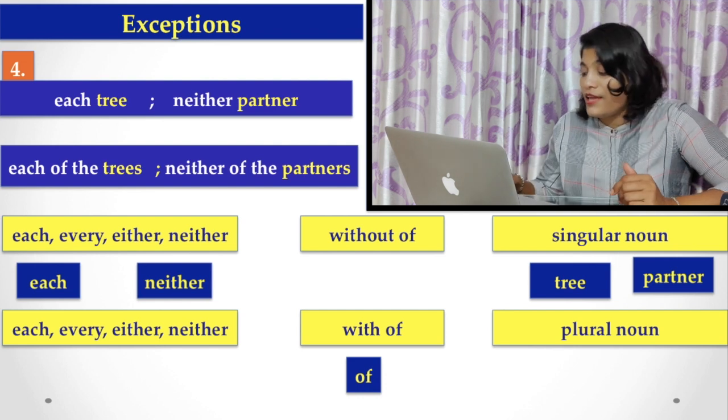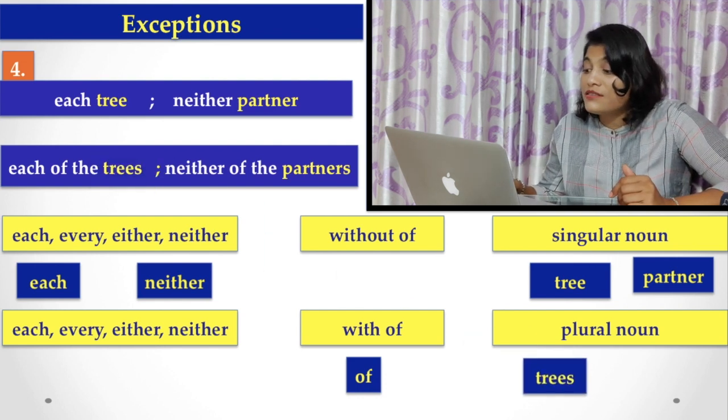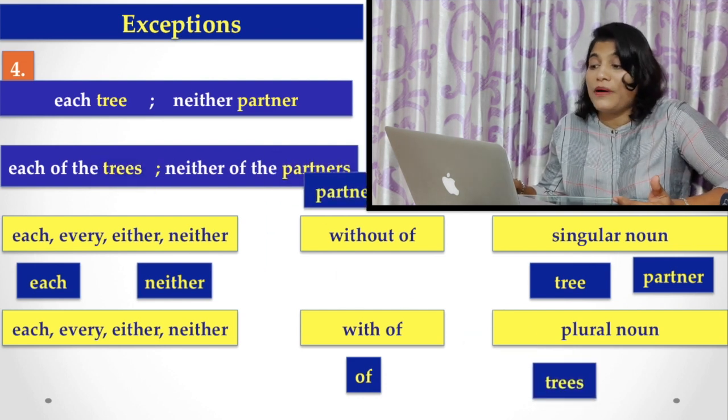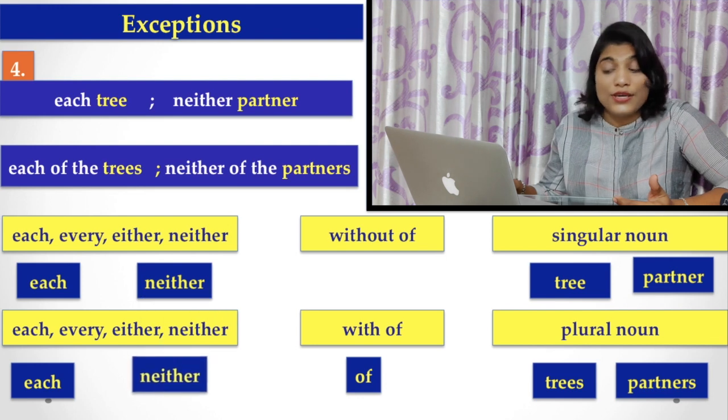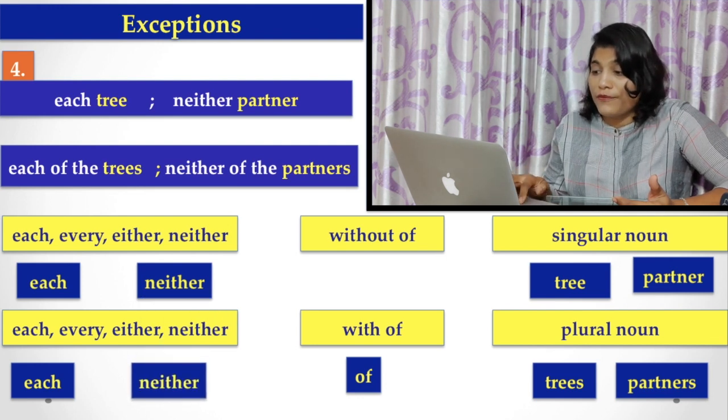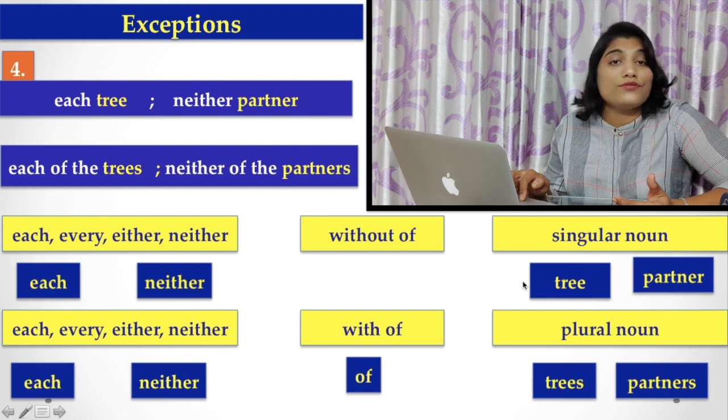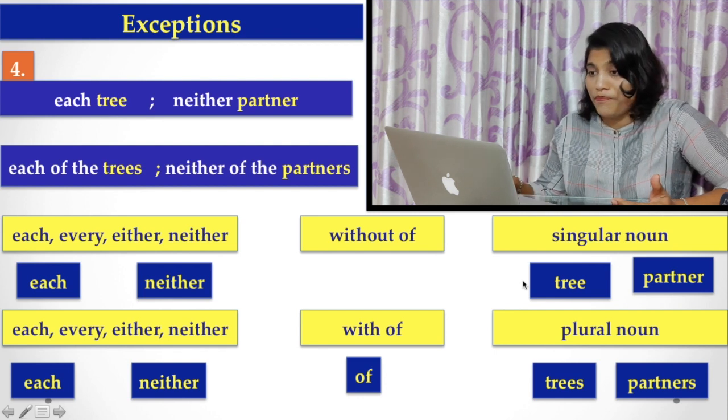Here are the examples. Trees is a plural noun, partners is a plural noun, and here you find each and neither used with of. When they are with plural nouns you have to use of, but when they are with singular nouns you do not have to use of with them.